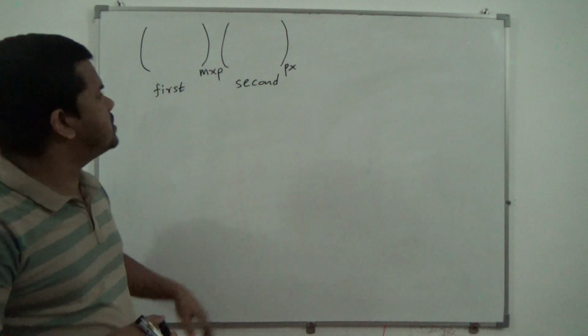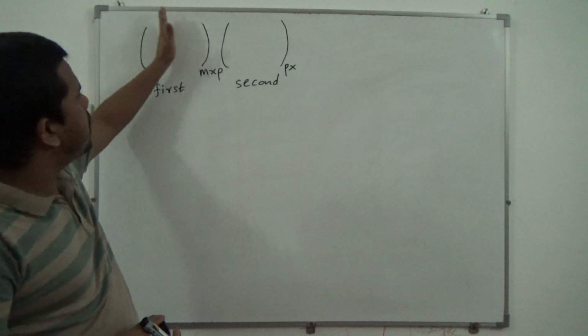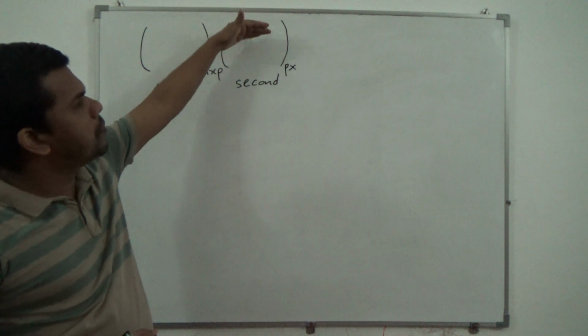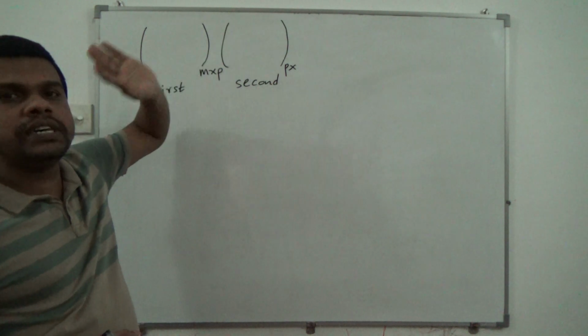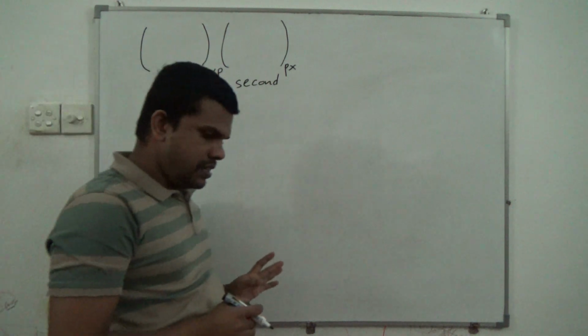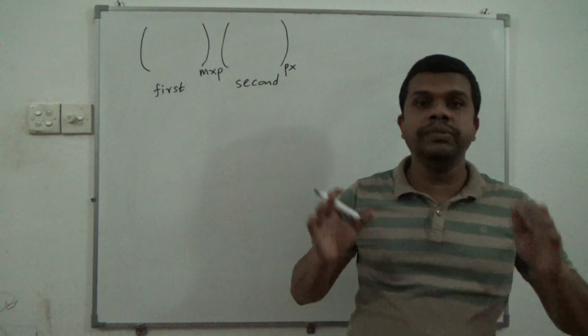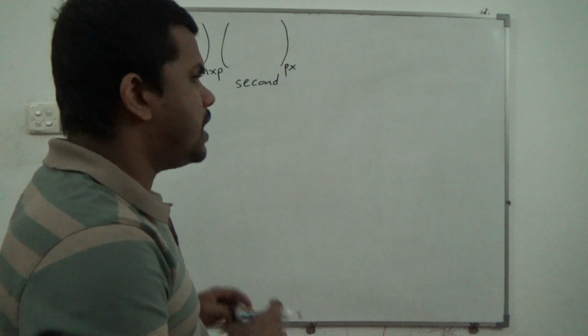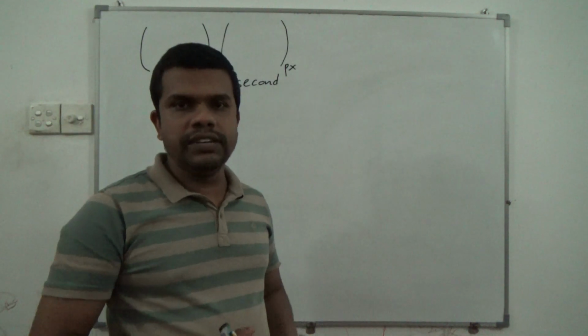In other words, the number of columns of the first matrix must be equal to the number of rows of the second matrix in order to be able to multiply the two matrices. Otherwise, multiplication is not defined.